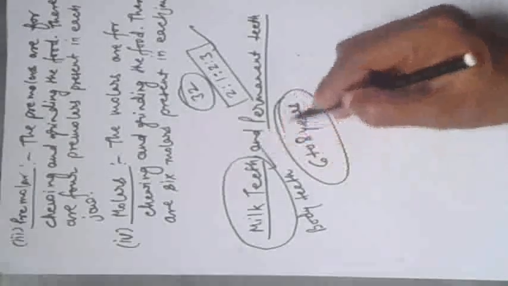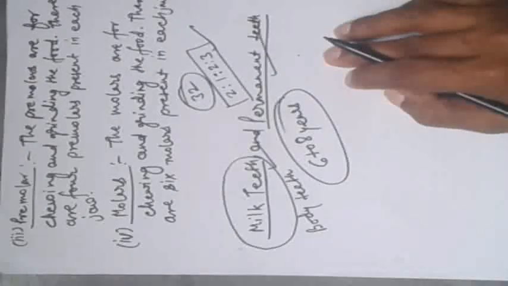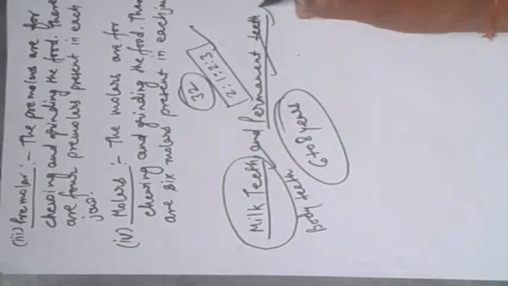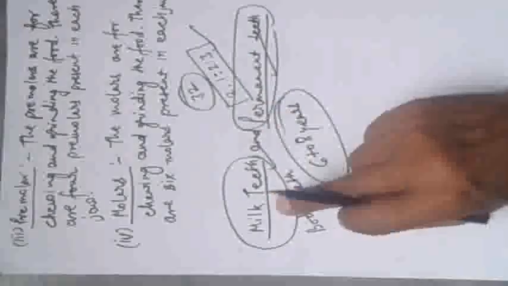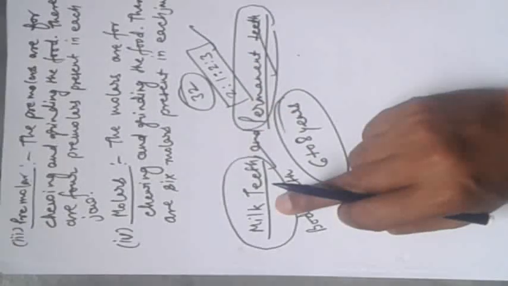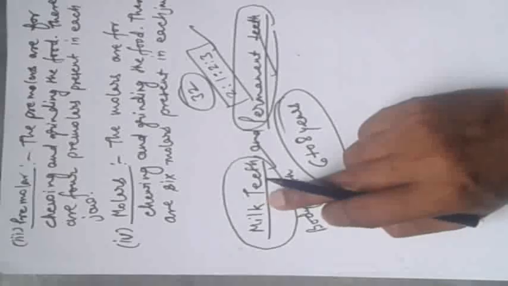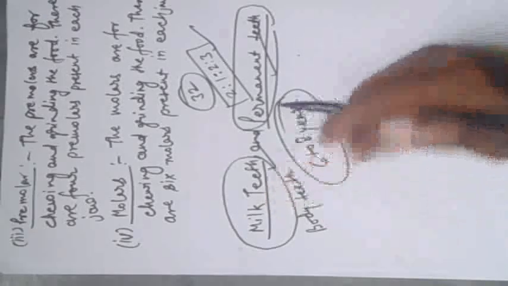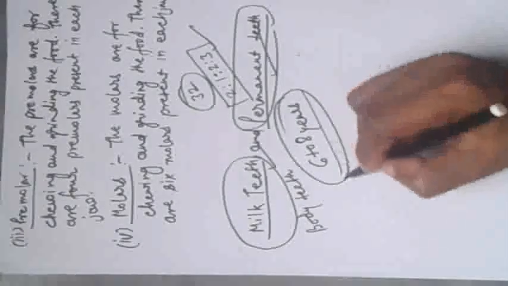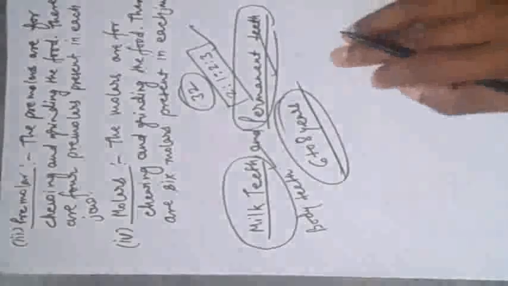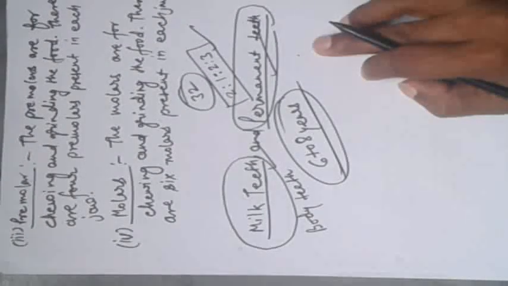So what is the difference between milk teeth and permanent teeth? Permanent teeth are grown after the loosening and falling down of milk teeth. It almost takes place at the age of 6 to 8 years of a child.